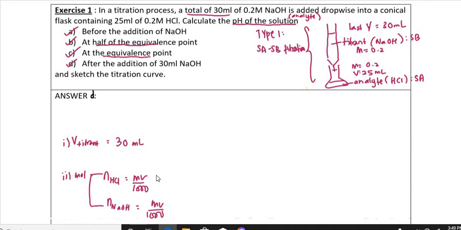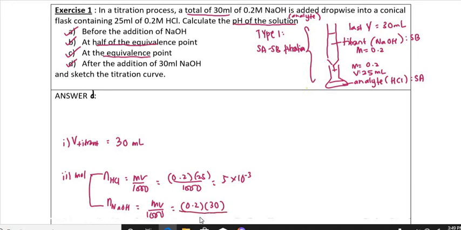Okay, right. After you get the volume titrant, step number 1, you go through step number 2, which is find the mole HCl using MV over 1000, 0.2 times 25 over 1000, and you get 5 exponent negative 3. And volume your NaOH is 0.2. Volume here, volume NaOH, that means volume titrant you added is 30 ml.